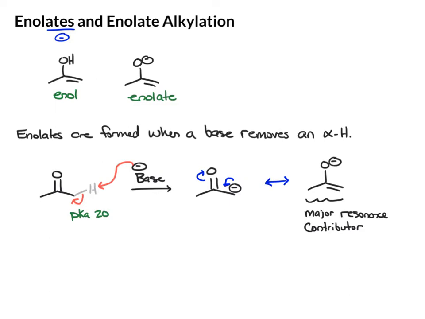But we can use the minor resonance contributor here to think about the reactivity of the enolate. And what we find is that this carbon with the negative charge on it, right here, is a nucleophilic carbon, or a nucleophile. So we're going to be taking advantage of the fact that we can form this nucleophilic enolate, and then we'll add an electrophile to it to add things at that position.